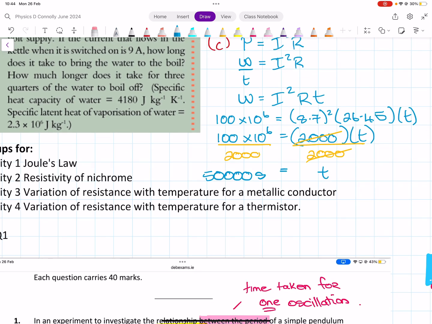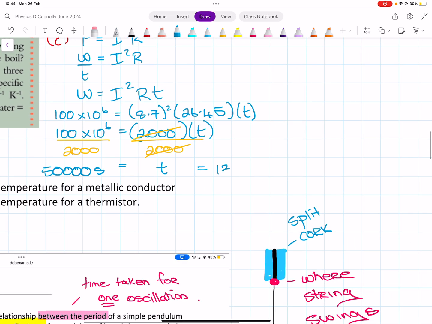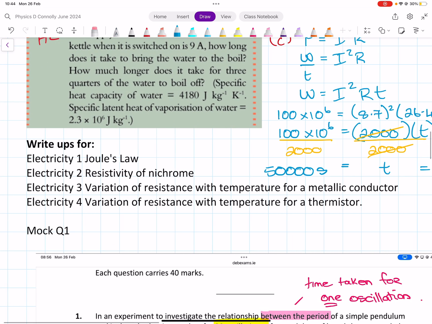Divided by 60, 833 minutes, 13.8 hours. I don't have my book here to check those answers. See if I can get it online. Anyway, I'll go on to the second one.